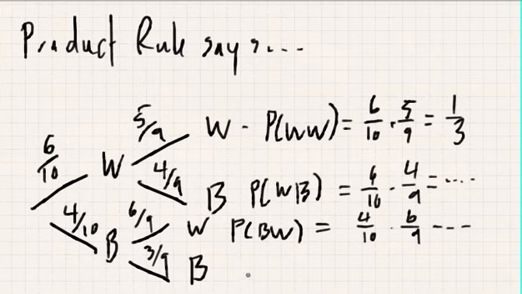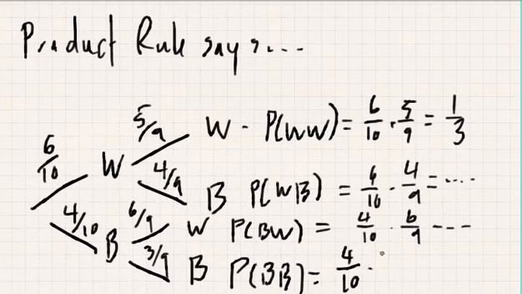And the probability of drawing two blacks in a row is 4/10 times 3/9. I care about this because I'm concerned with drawing a pair. And this is equal to 1/3 times 2/5, yeah, 2/15.